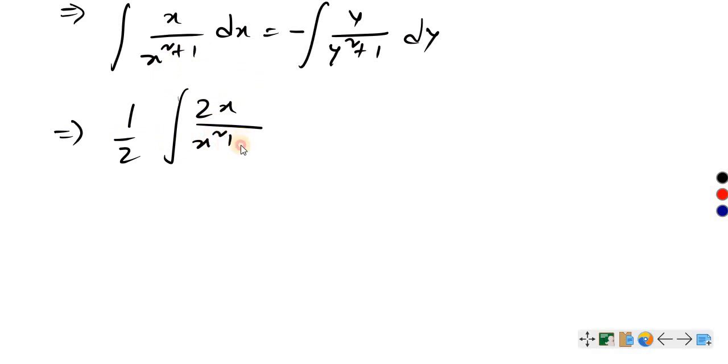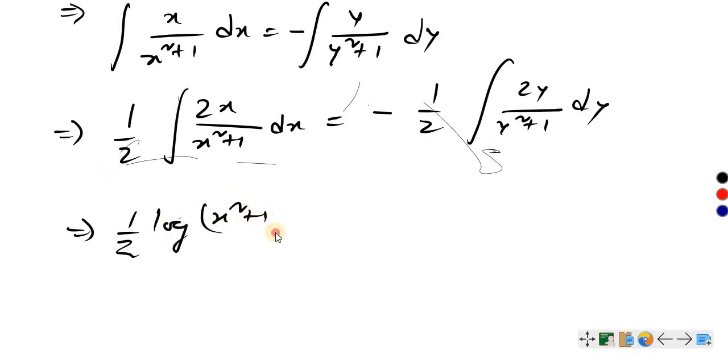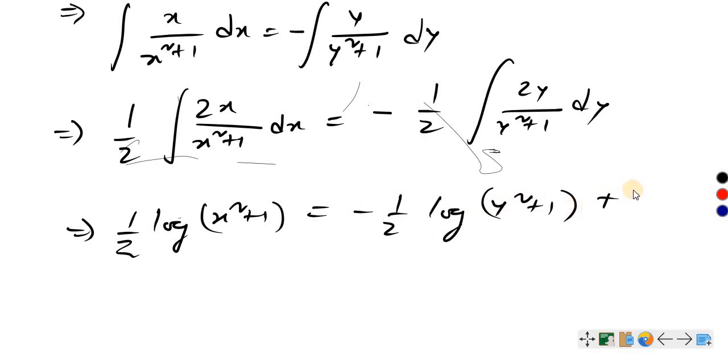The thing will be the same only. Now this can be further written as, if we apply the formula here, half log(x² + 1) equals minus half log(y² + 1) plus log c, some constant c.